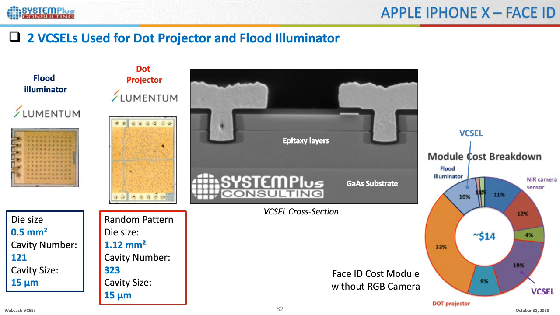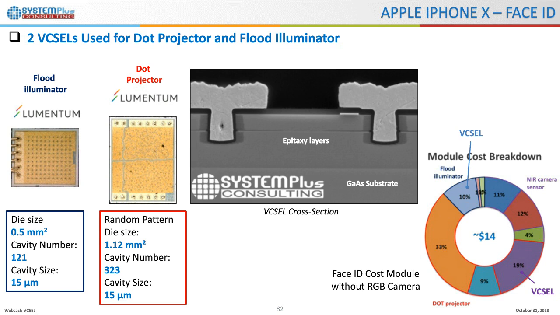But the VCSEL for the flood illuminator here is a 0.5 square millimeter die with 120 cavities. If we compare with the VCSEL die used for the dot projector, also provided by Lumentum, the die size is twice as big, a little bit more than 1.1 square millimeter, with a little bit more than 320 cavities.